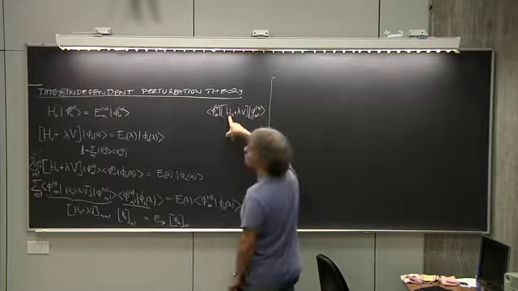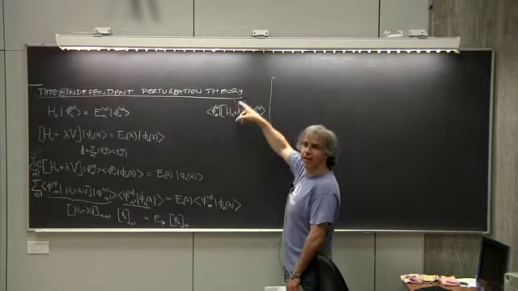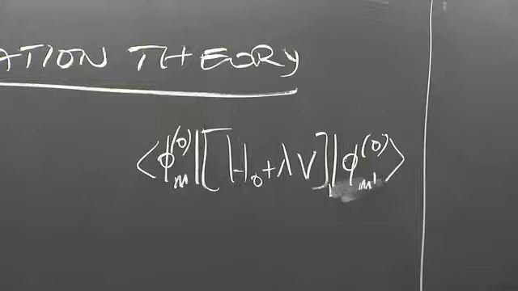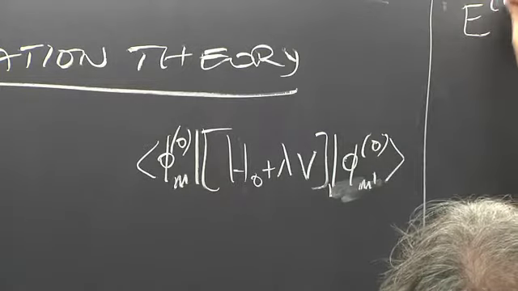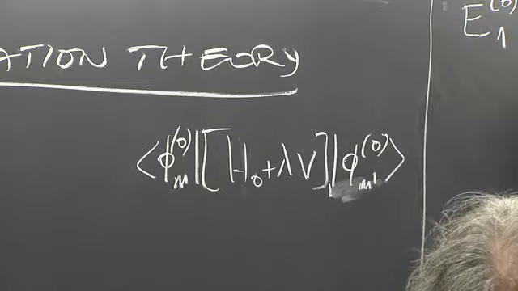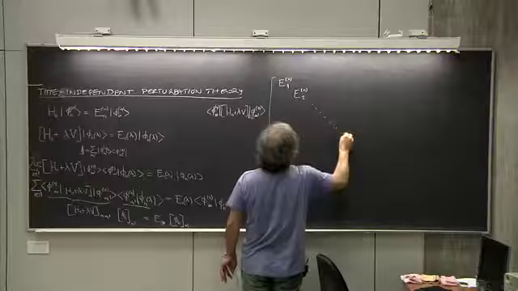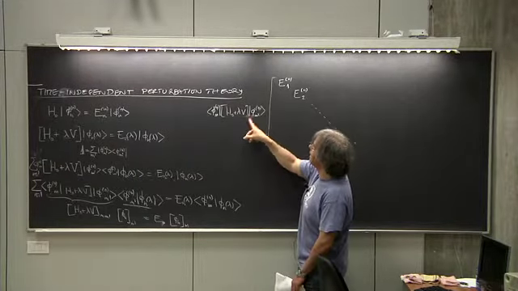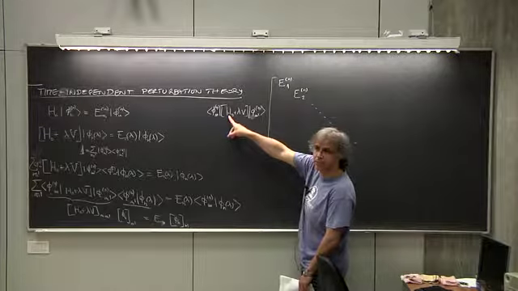Okay. So H0 is simple. It's simply diagonal: the value of, for instance, E0 of the first state, E0 of the second state. It's a diagonal part of this thing because these are eigenvectors of H0.